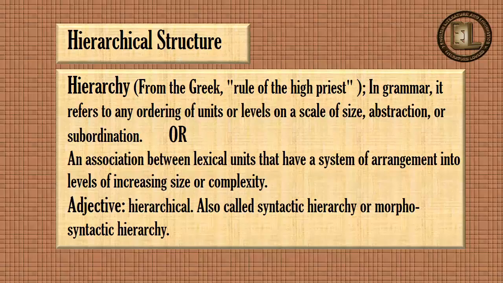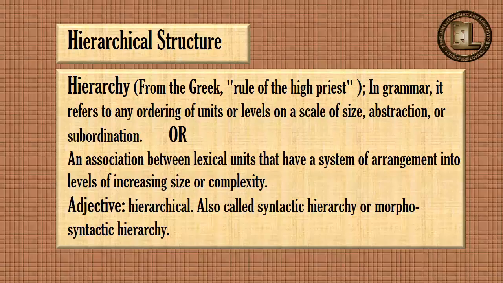It can also be defined as an association between lexical units that have a system of arrangement into levels of increasing size or complexity. The adjective of hierarchy is hierarchical, which is also known as syntactic hierarchy or morphosyntactic hierarchy.